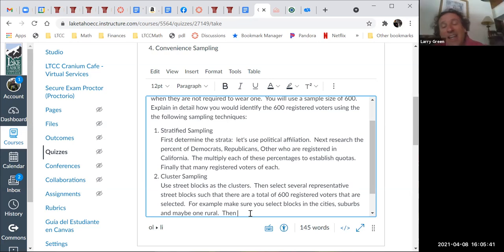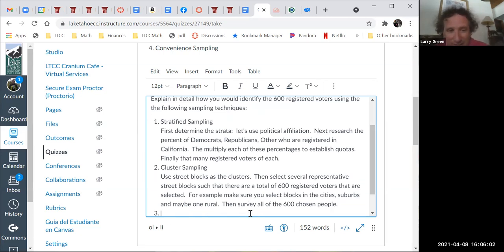Yeah, and not only getting the chosen people, then survey all of the 600 chosen people. And that might be hard. Again, paying money tends to work. Most people are good with getting money and they'll do a survey. Any questions on that?